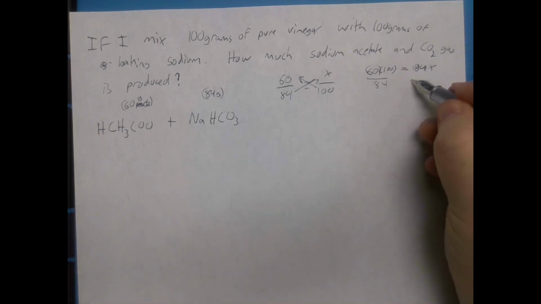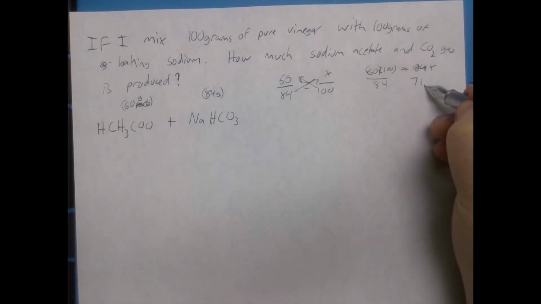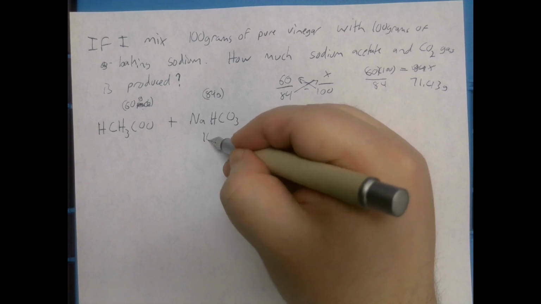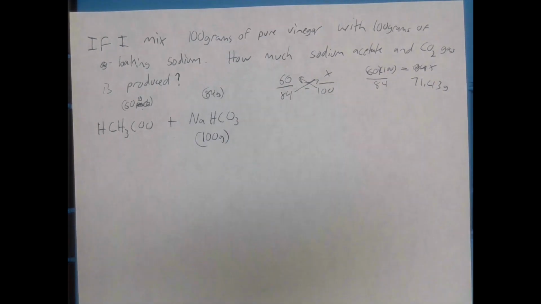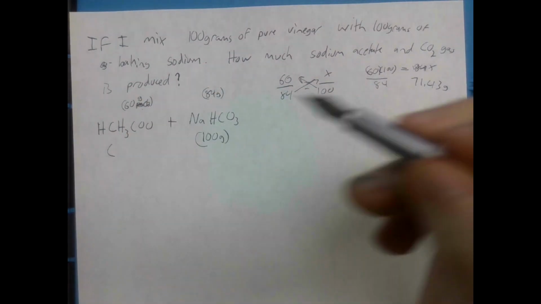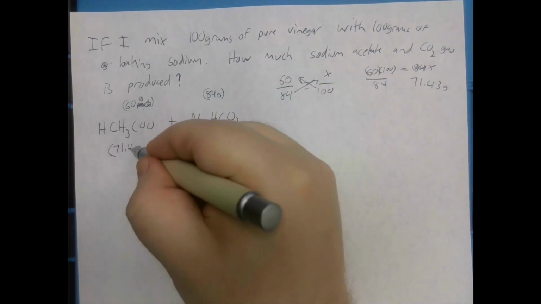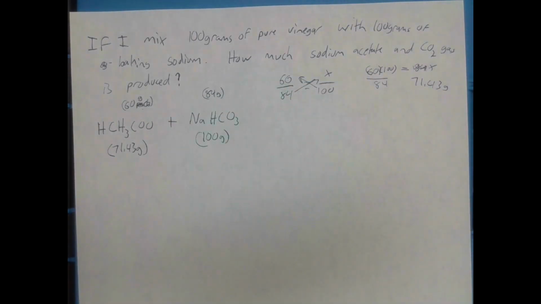You would see that our x is 71.43 grams. So if I increase the baking soda to 100 grams, then only 71.43 grams will react. Does that make sense?